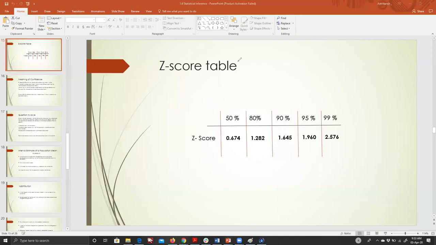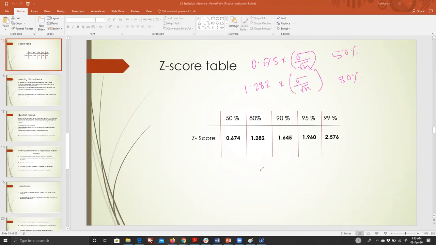Imagine in 50% your range would be 0.674 into whatever the value of sigma by root n is. This is true for 50%. For 80% confidence, your range is 1.282 into whatever, because this is fixed.